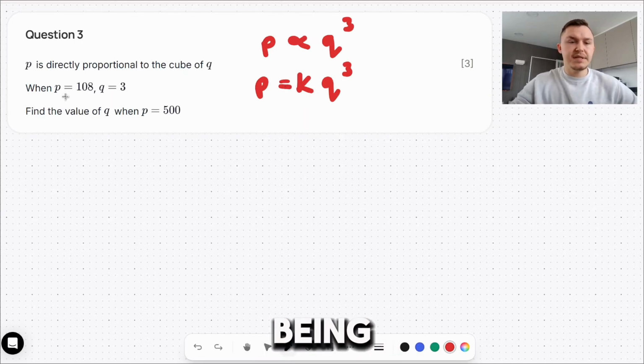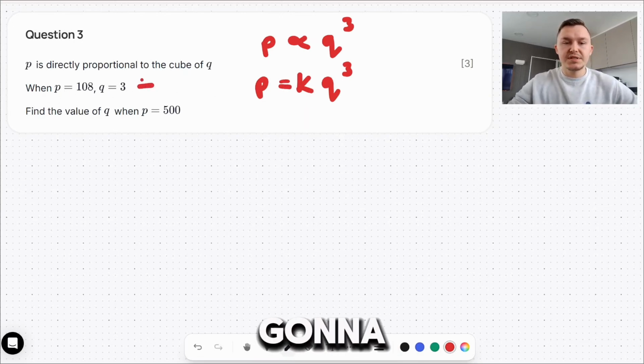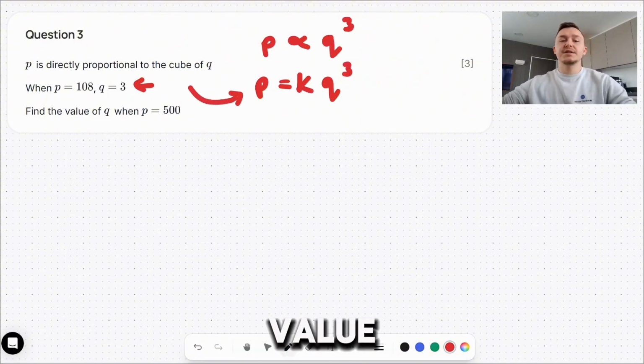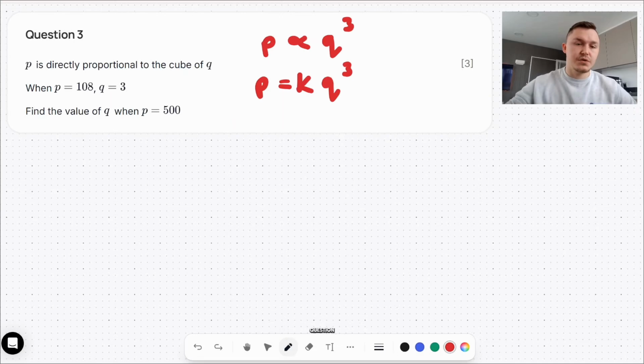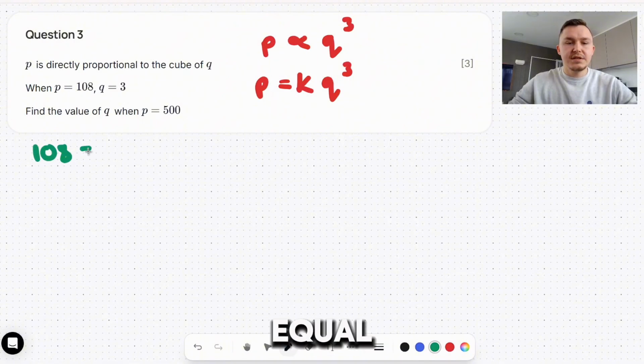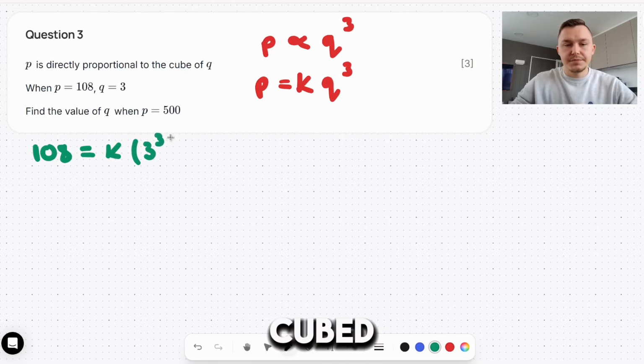And we've been given these values, P is equal to 108, Q is equal to 3. We're going to substitute those values into this equation we've just set up to find the value of K, our constant for this question. So we can say that P, which is 108, is equal to K multiplied by Q cubed, so multiplied by 3 cubed.